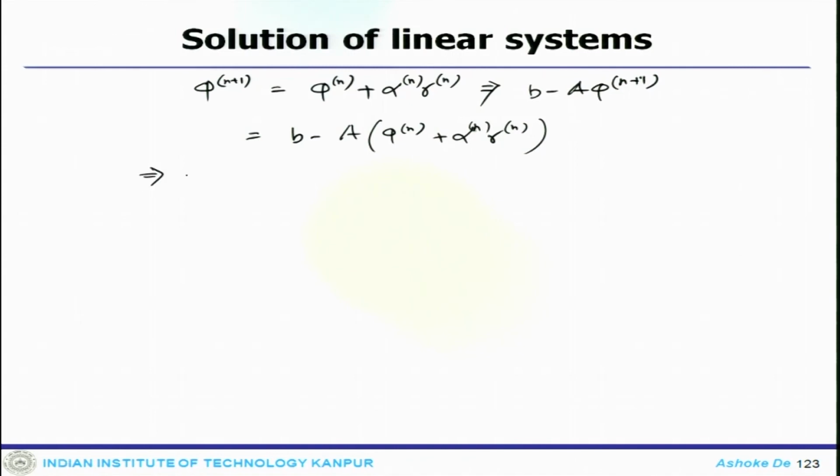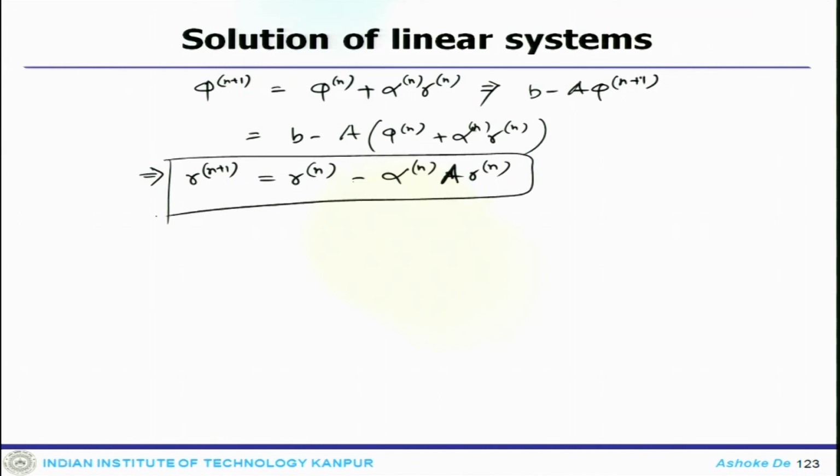So, that gets you R n plus 1 equals R n minus alpha n A R n. That is what you get.